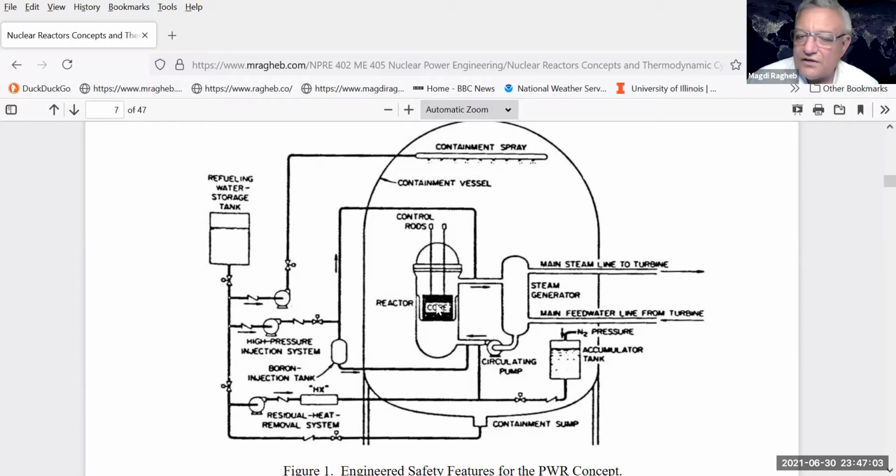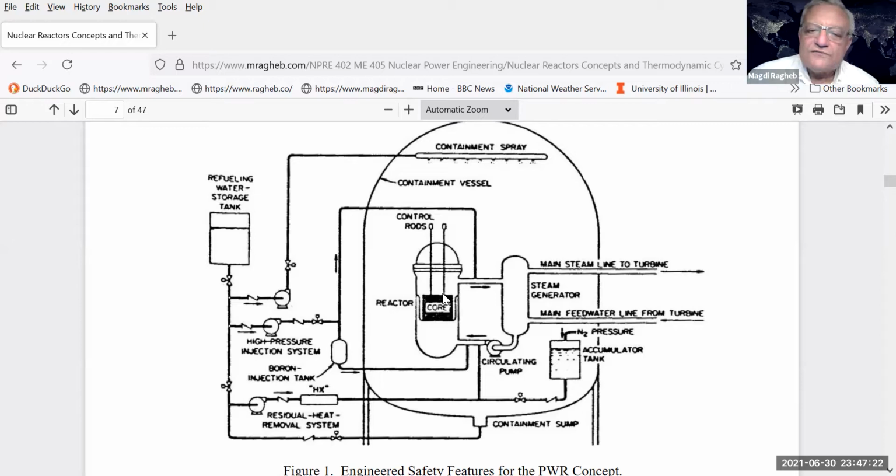That radioactivity decays very rapidly, but if you do not extract that heat immediately after you shut down the fission reaction, then you can melt the core, Three Mile Island, or cause great damage like at Fukushima as well as Chernobyl.